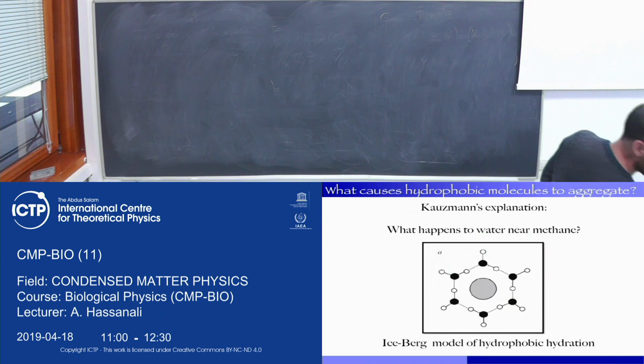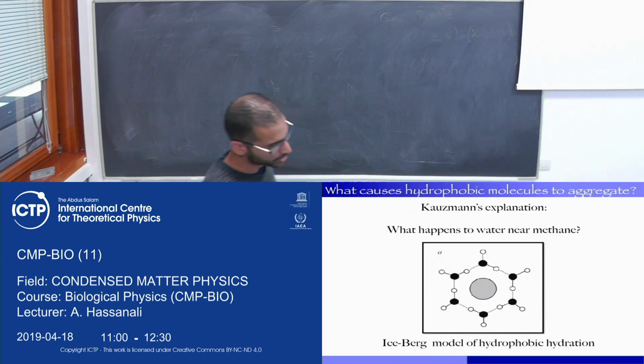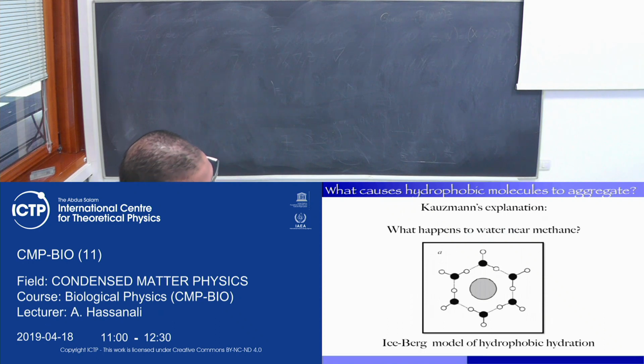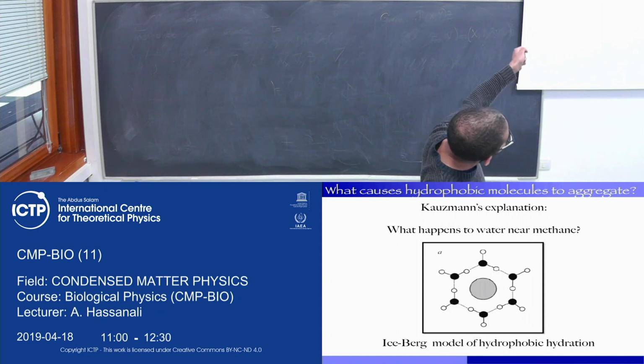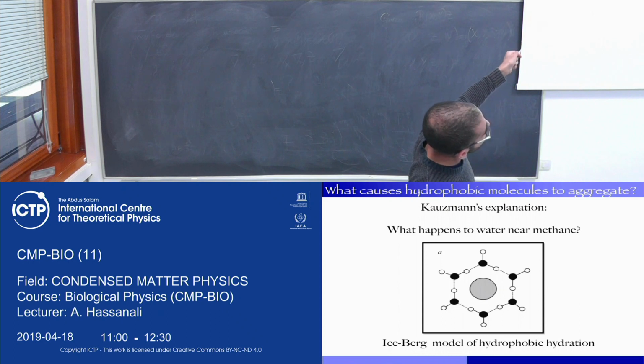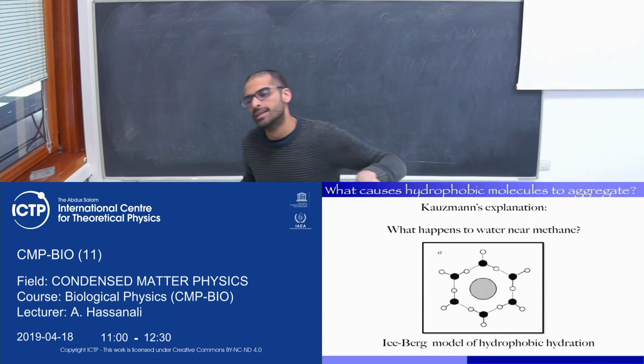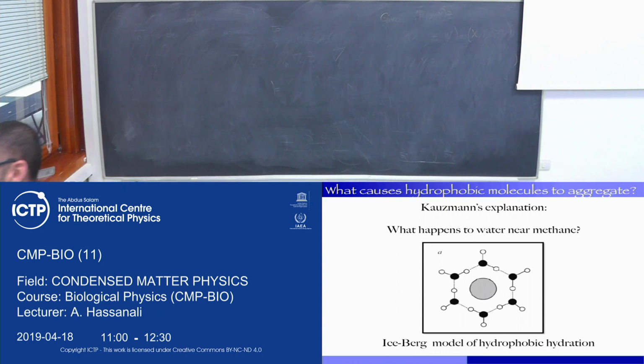Now, before we go into understanding this theory a bit, I just want to give you some more phenomenological ideas. One of the questions in biology is why do proteins, why do solutes want to aggregate?